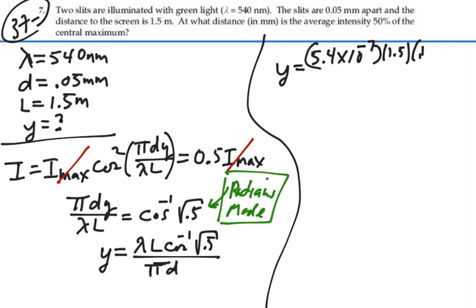Oops, I didn't take the square root of 0.5. That gives 0.785, over pi times d, which is 0.05 millimeters.